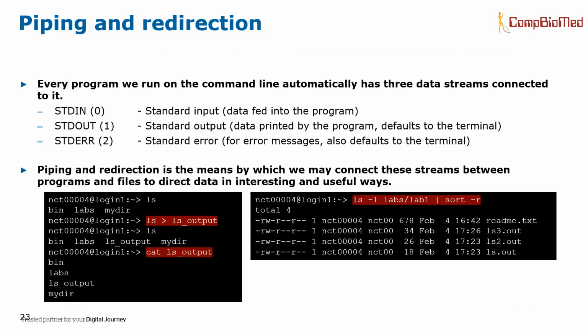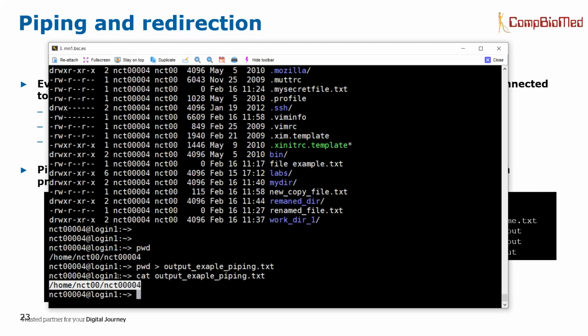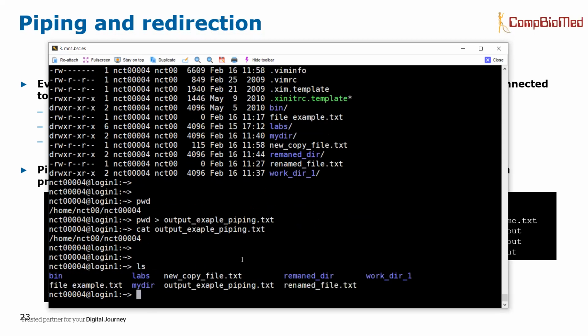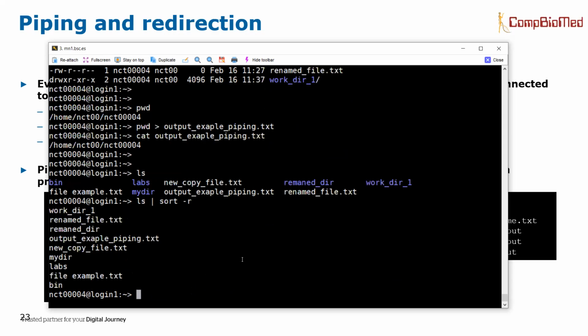And one other thing is that I can take the output of these commands and then execute another command on them. This is useful for post-processing, for example. So I can do ls, and then I can ask for the output to be sorted in reverse.